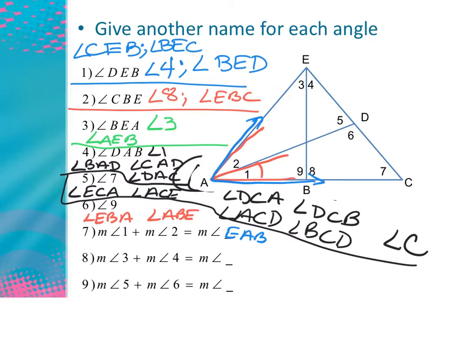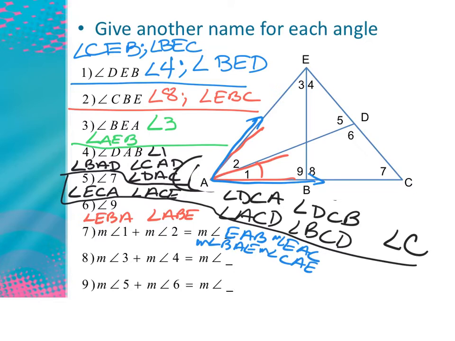I could call it EAC, or again, I could reverse it, BAE or CAE. And again, the measure of. So I'm adding up the 2 angles together.